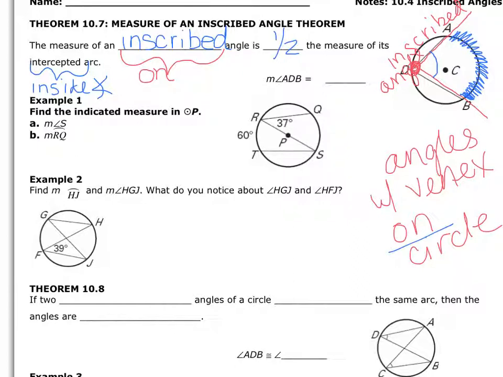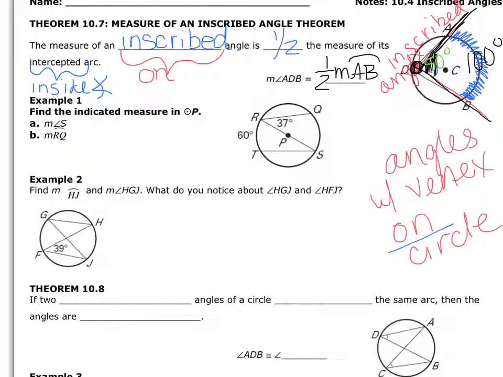So you can find the measure of angle ADB by taking half of the measure of the intercepted arc. For example, if I told you that this arc is 100 degrees, then your inscribed angle would be 50 degrees.